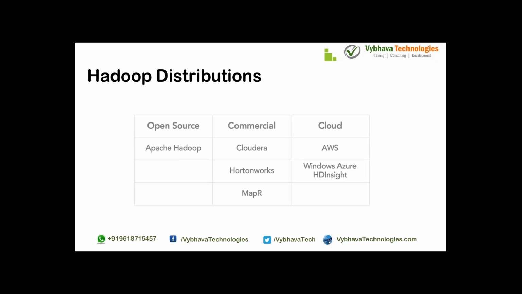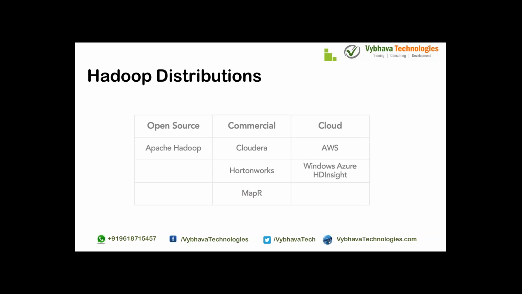And Hadoop distributions. How many types of Hadoop distributions are available? There are three types. One is open source, the second is commercial, and the third is cloud. Open source is free of cost. Commercial is also free of cost, but they charge only for support, not for the product.